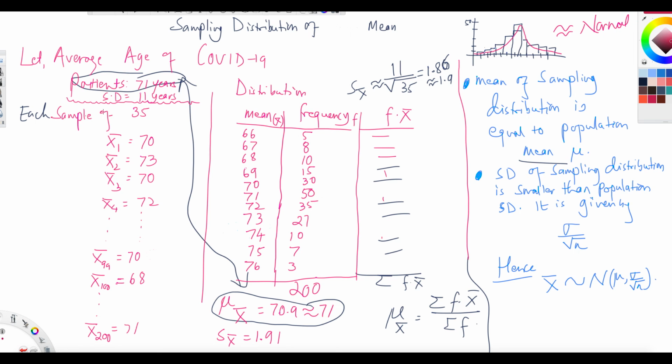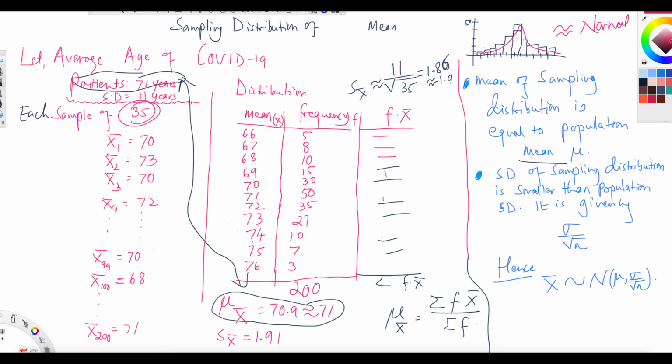But when? Because the sample size is bigger than 30 here. The sample size here is 35, and the sampling distribution of the mean is approximately normal. The mean of those means is equal to the population mean.